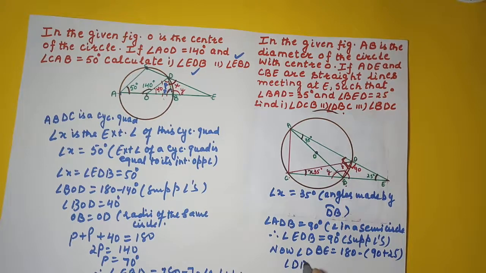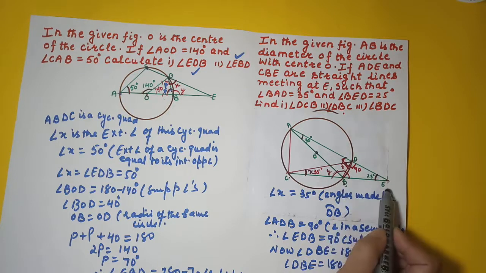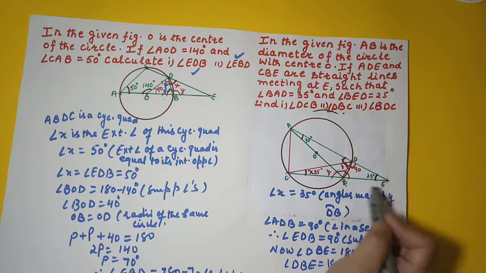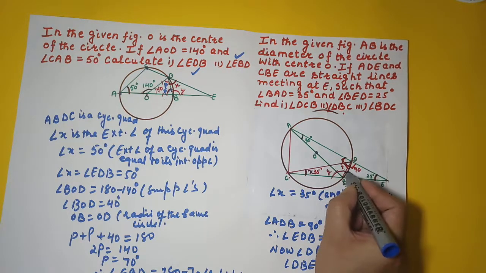Angle DBE will be equal to 180 minus, this is 5 and this is 115. 115, so 10 minus 5 is 5. 7 minus 1 is 6. So you got angle DBE as 65, right? Okay, so DBE is 65.